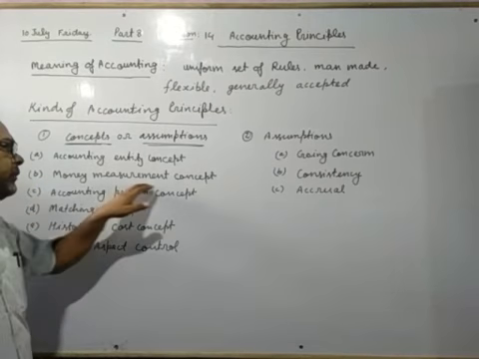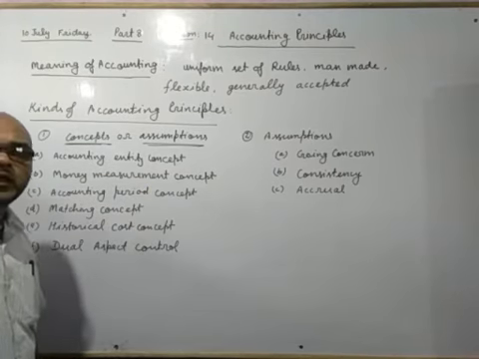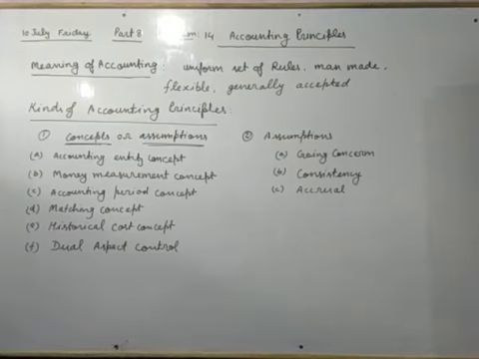Next, money measurement concept. According to this concept, only those transactions can be recorded in the accounting books which have a financial nature and which can be measured in terms of money. If they cannot be measured in terms of money, they will not be recorded in the accounting books.